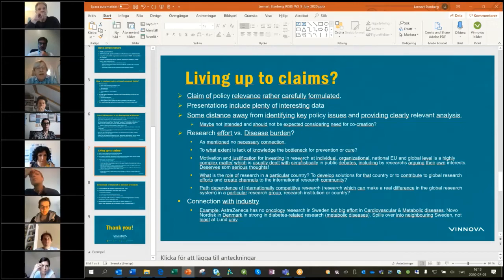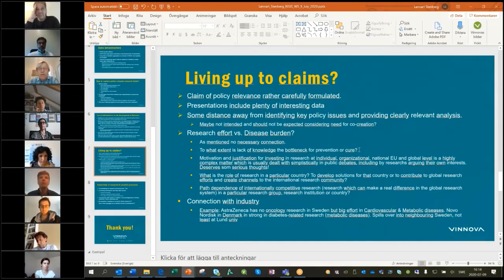And more specifically on this research effort versus disease burden, it's interesting to look at, but as was also said, you cannot draw much conclusion from it, especially when you look at the global data. I could comment on that in more detail, but there is no time. There is certainly no necessary connection. The question is, to what extent is lack of knowledge the bottleneck for preventing or curing a particular type of cancer?